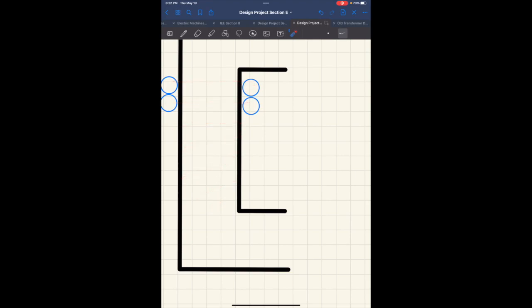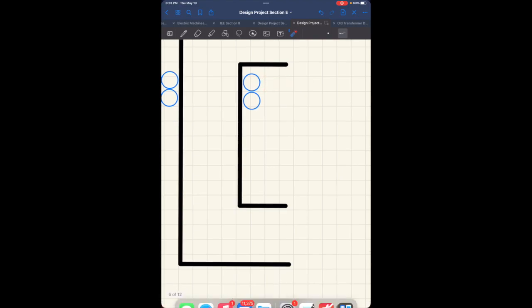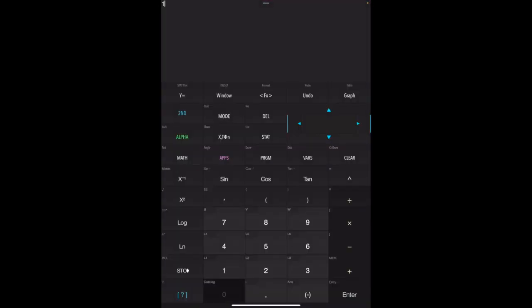So basically, we need 104 turns, and each turn is going to be 0.5498 inches tall. So we're going to do 104 times that. Here's the calculator: 104 times 0.5498. So that means that we have to have a 57-inch tall transformer.